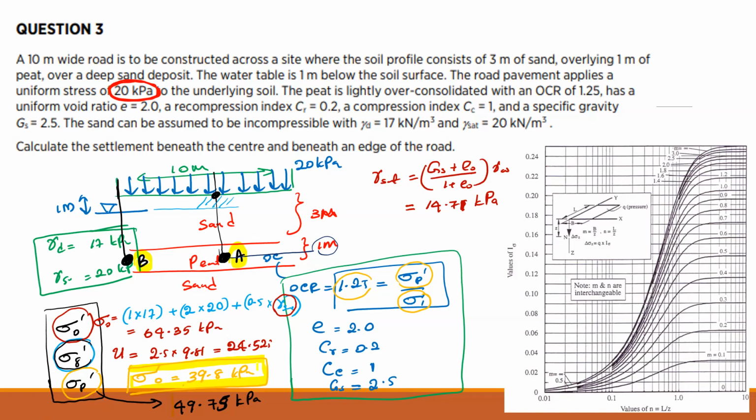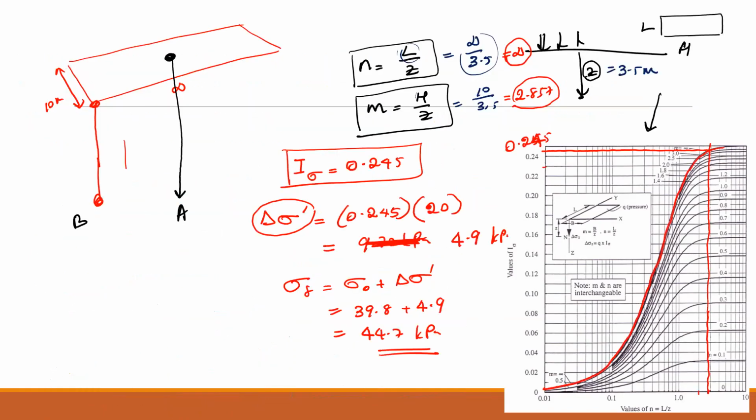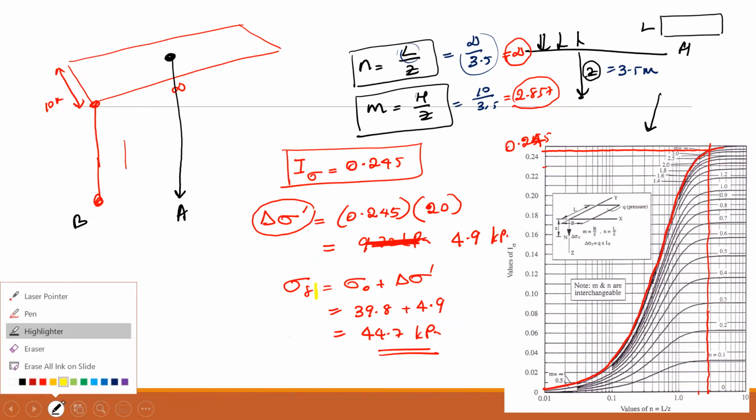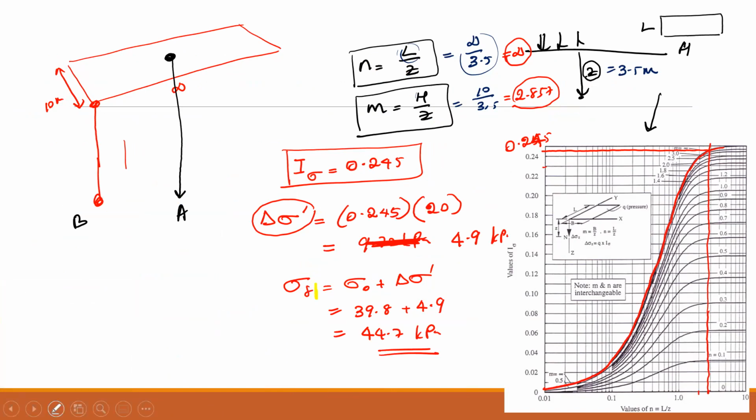You use the initial value and the OCR to find the P. That is before you have the road, so A and B are similar points. These two values will be the same for A and B. Now, to find the stress increase, it is different. This is for B, but you need to find it for A separately.